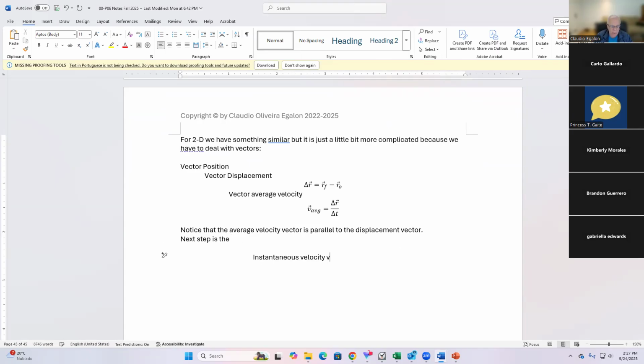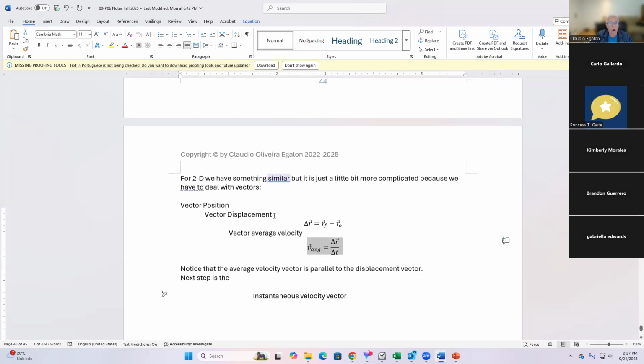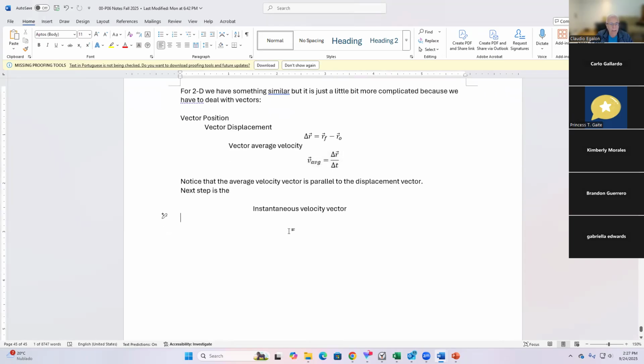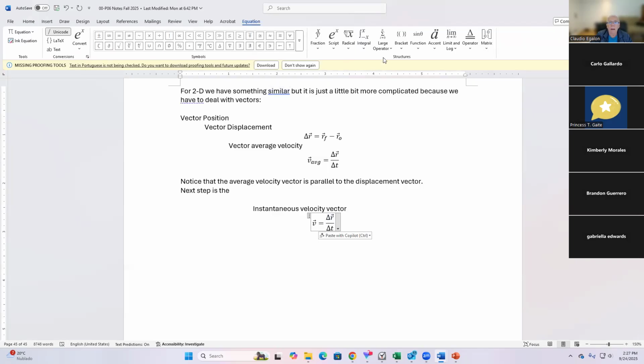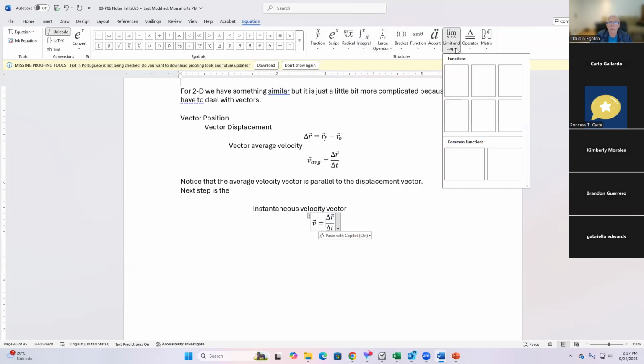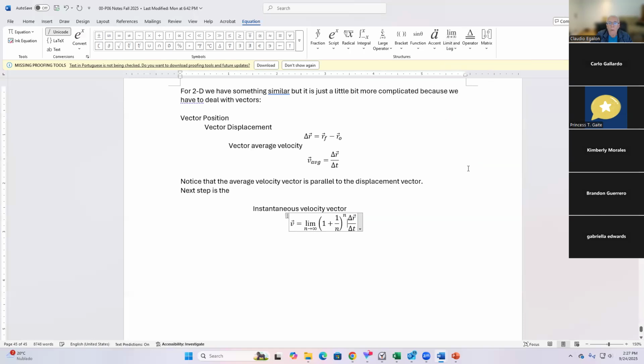Just like we had before, the instantaneous velocity vector is going to be the limit of delta R over delta T as delta T goes to 0.